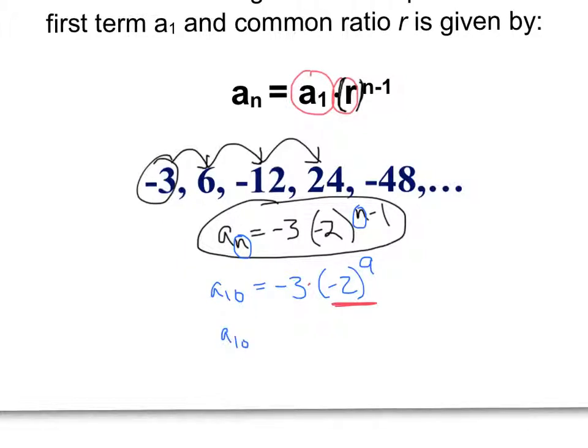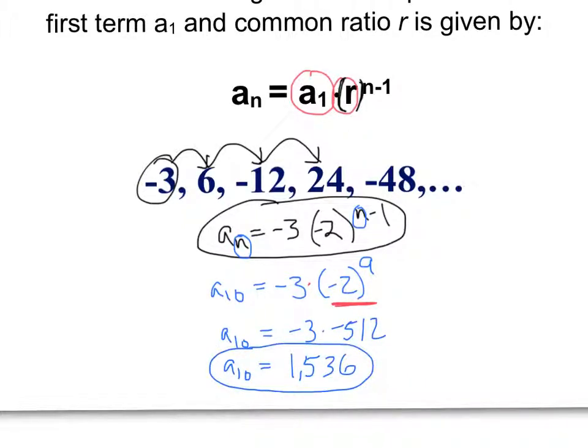So a sub 10 equals negative 3 times, and negative 2 to the 9th is negative 512, and negative 3 times negative 512 is 1,536. So the 10th term would be 1,536.